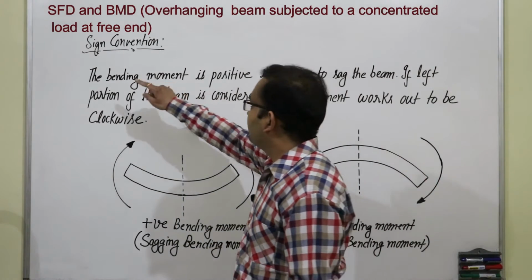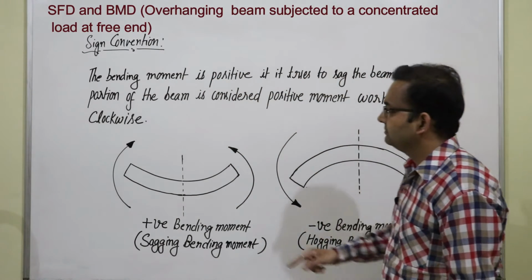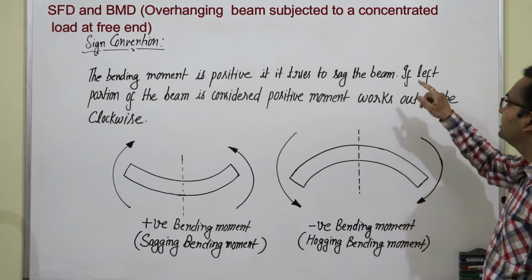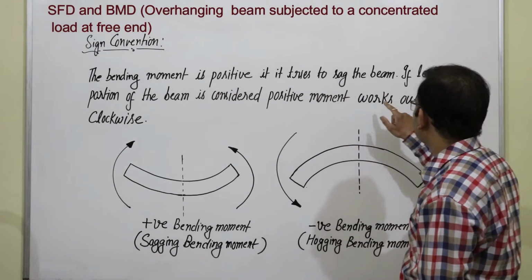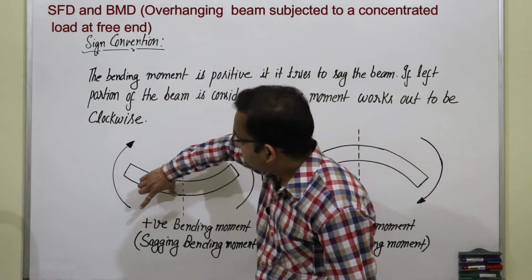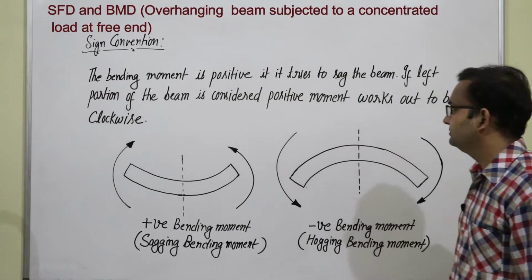Again, the bending moment is positive if it tries to sag the beam. If left portion of the beam is considered, positive moment works out to be clockwise. So we are taking clockwise moment as positive.